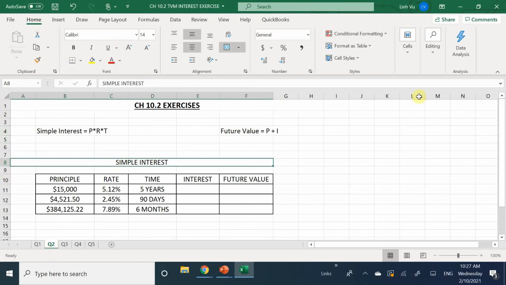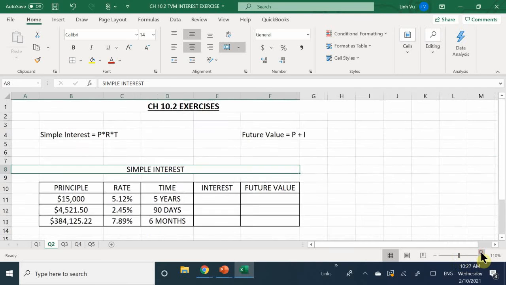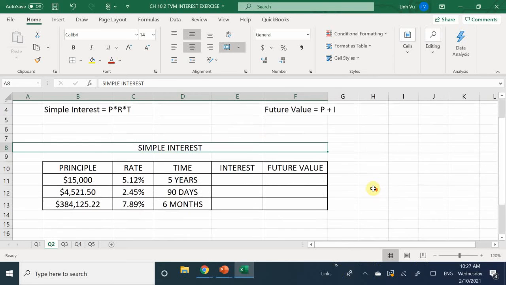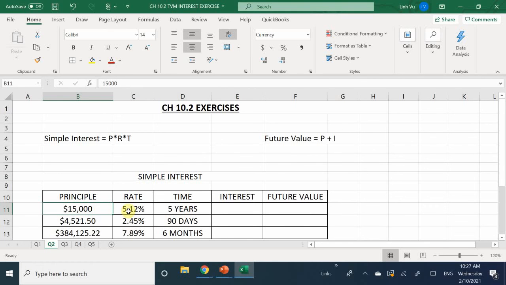All right, so number 2, we're just going to keep practicing these. Now, this is where I was talking about when you have extra numbers that are not in terms of years. So let's go ahead and go for the very first one. Your principal is $15,000. Your rate is 5.12%, and it's in 5 years.